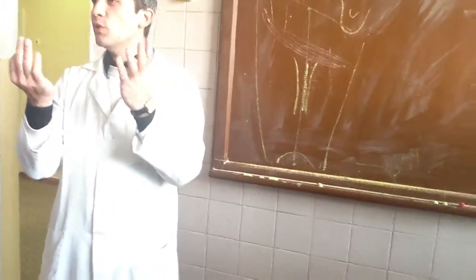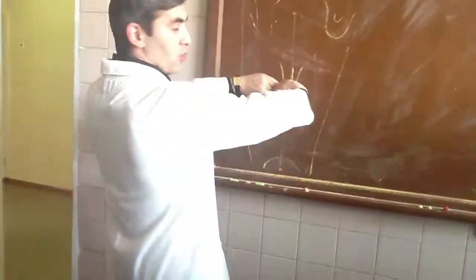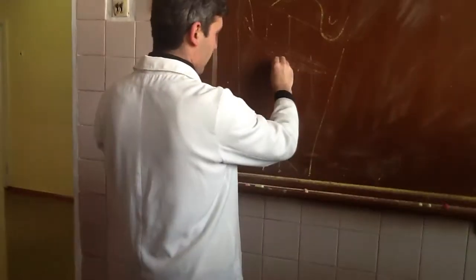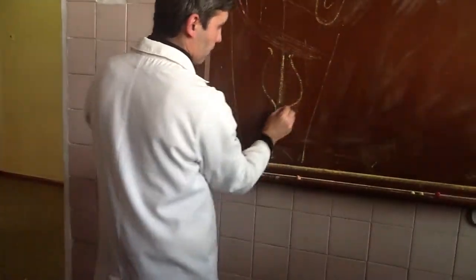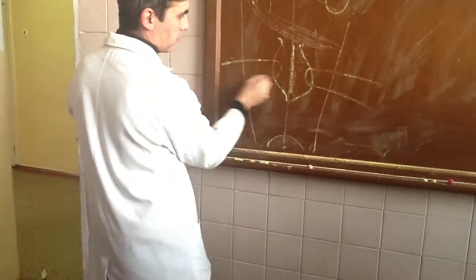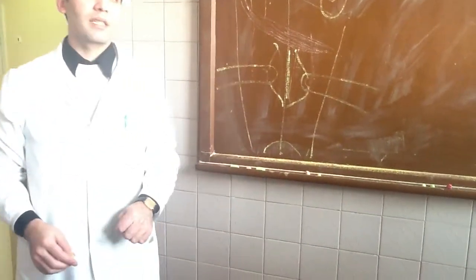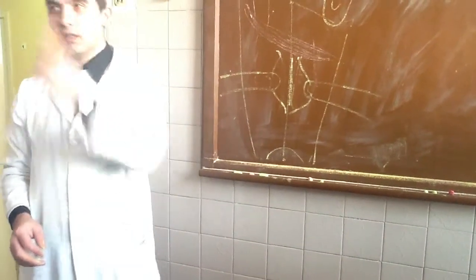We use Farabeuf's retractors or hooks to shift these muscles. These are hooks. And under these muscles we find the sciatic nerve.